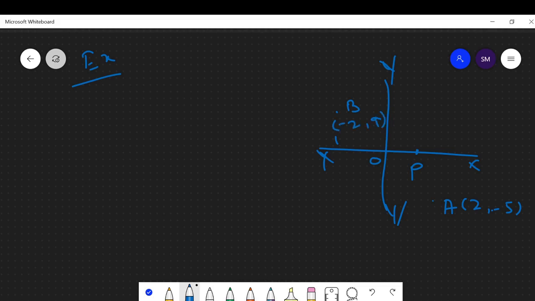Find a point on the x-axis such that these two points are equidistant, meaning BP is equal to AP.